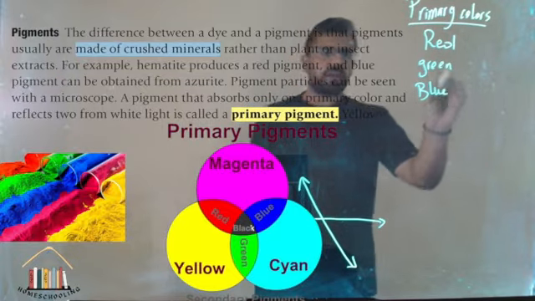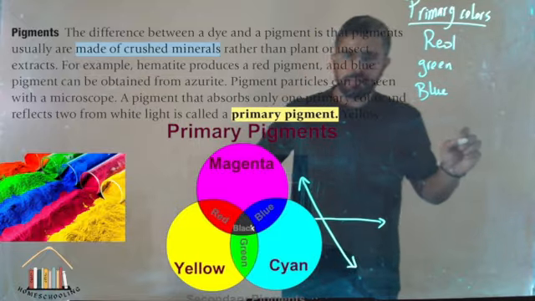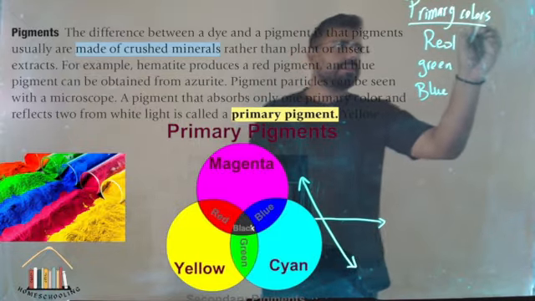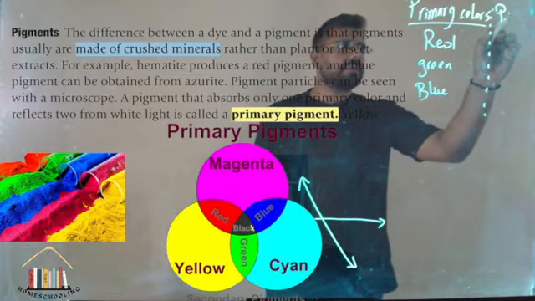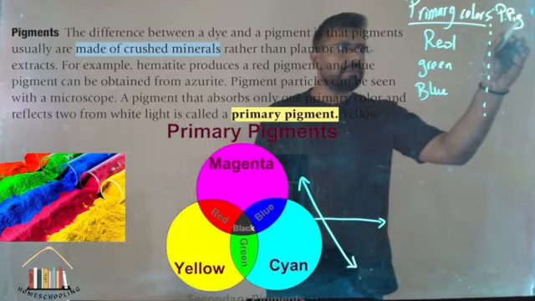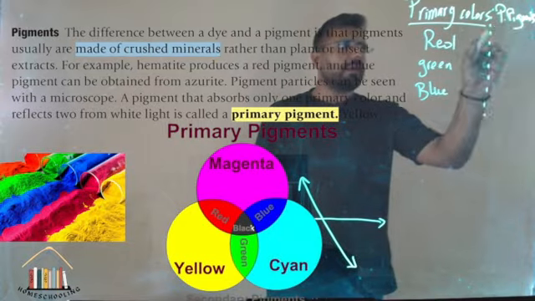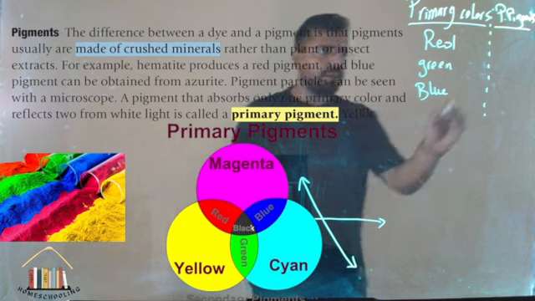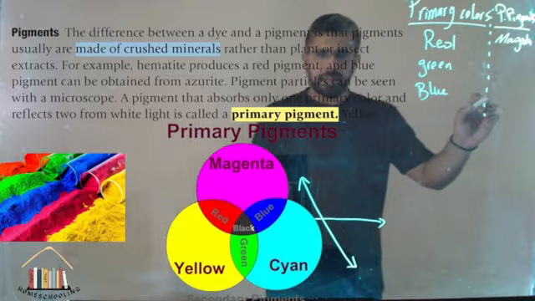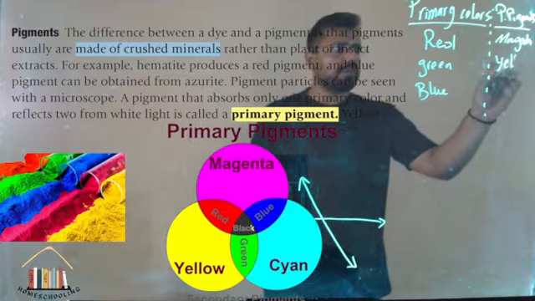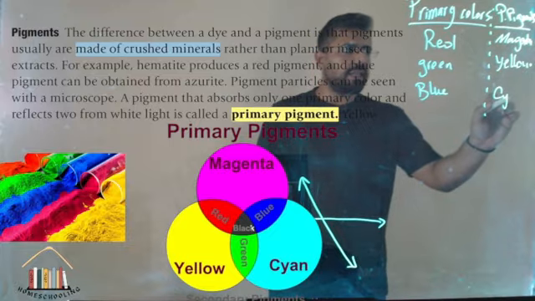What about the primary pigments? Primary pigments are the magenta, the yellow, and the cyan at the end.